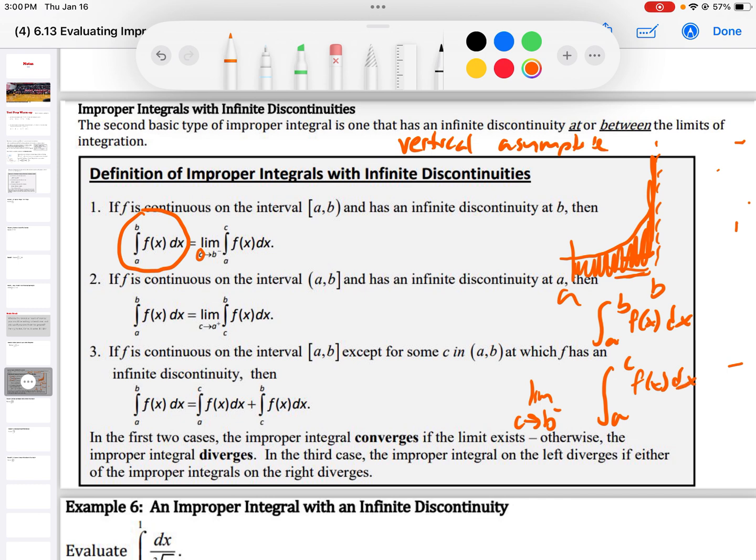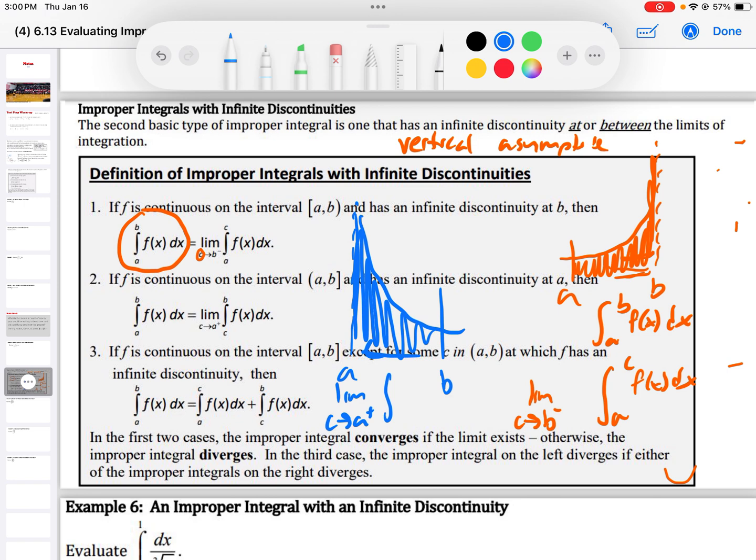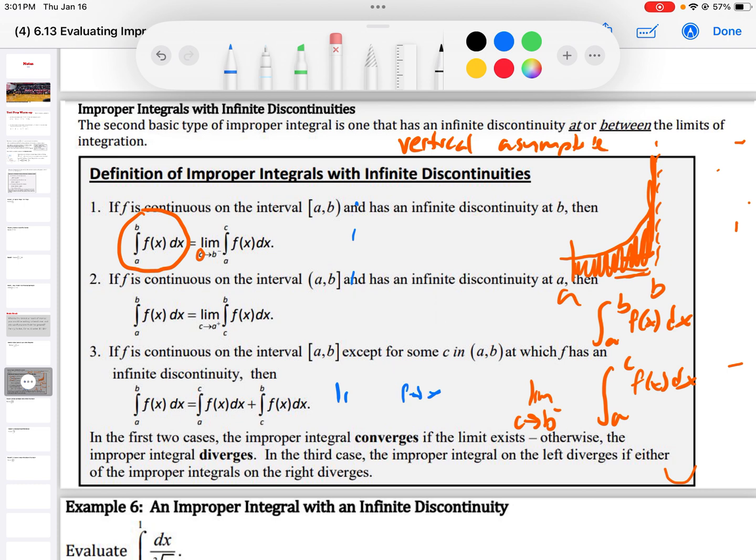If I'm having an improper integral where my infinite discontinuity, my vertical asymptote, is on the left side, where a is, then from a to b it's the limit as c approaches a from the right, because I'm approaching from the right side, of the integral from c to b of f of x dx.